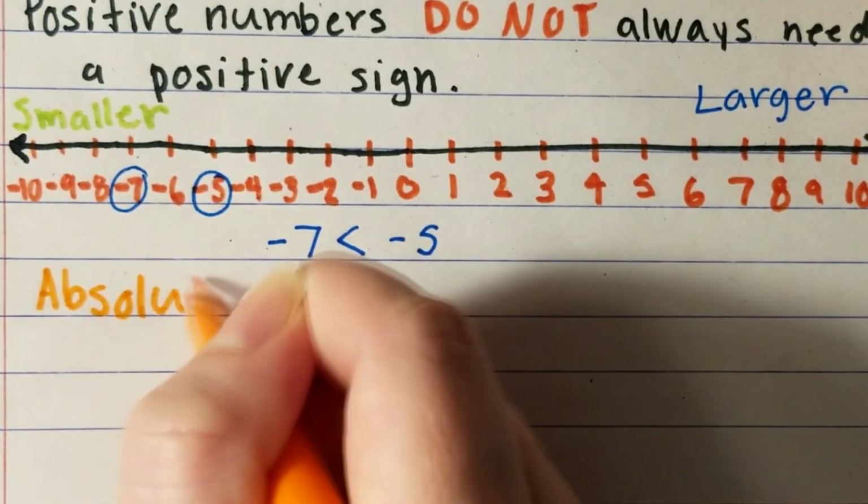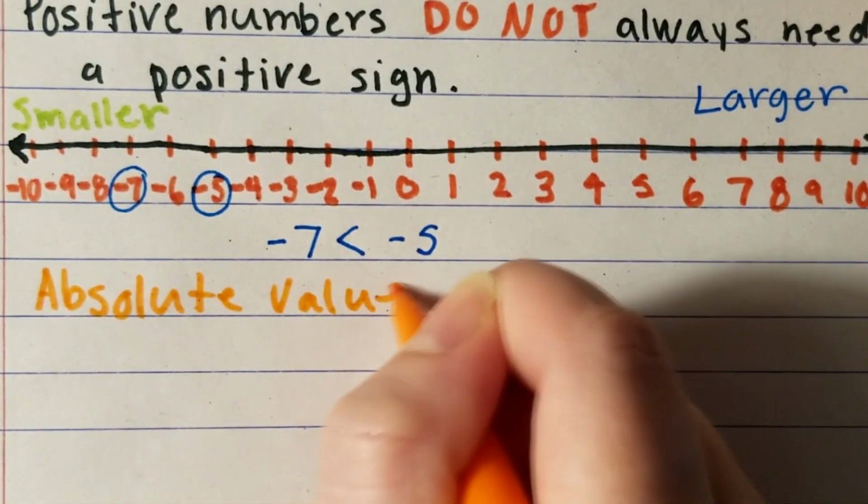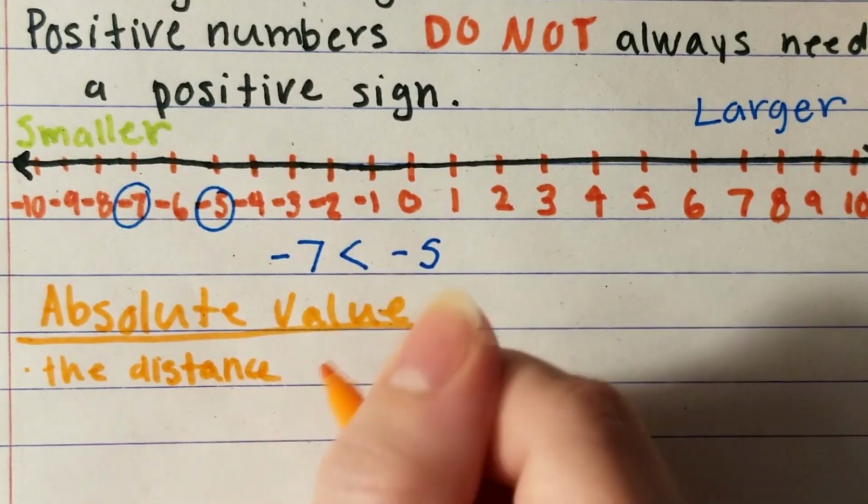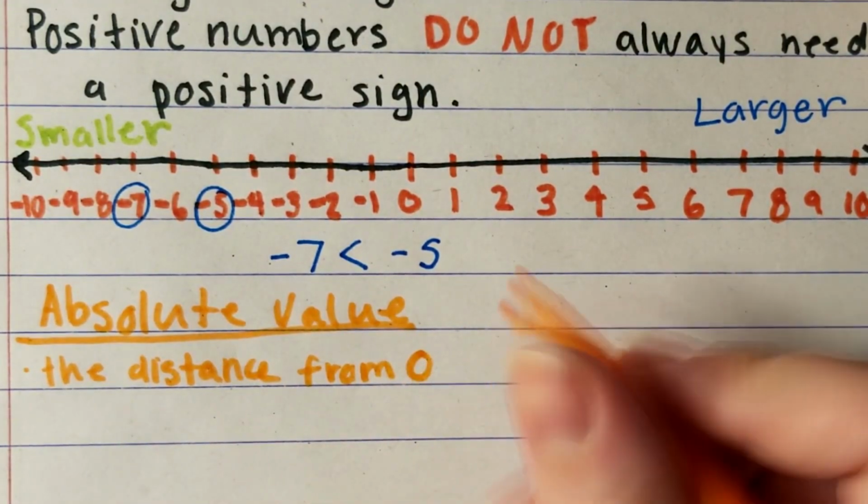Absolute value is how much something is worth regardless of its sign, whether it's positive or negative. It's also seen as the distance from 0, how far something is from 0. Finding the absolute value of a number could be as easy as just taking away the sign. Something to remember: absolute value is always positive.